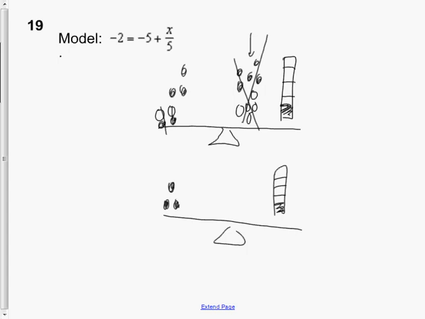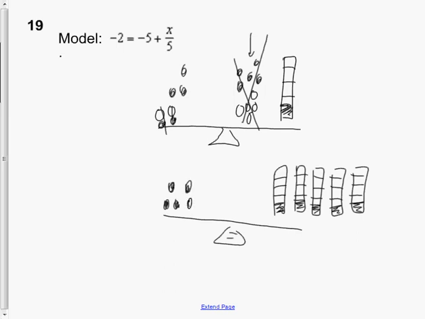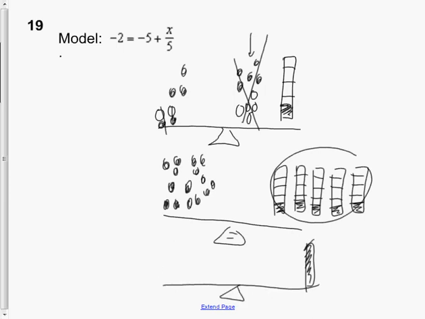If I have a fifth of x is equal to 3, what I want to do is multiply this side by 5. And if I multiply one side of an equation by 5, I must also multiply the other side by 5. Which means this is going to make an x, a full x, because 5/5 of x make an x. And over here, I'm going to have 15, and therefore x equals +15.